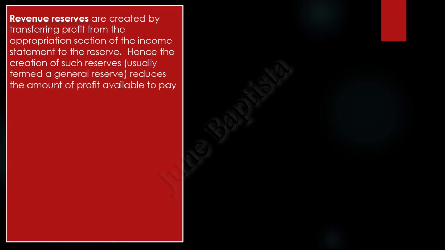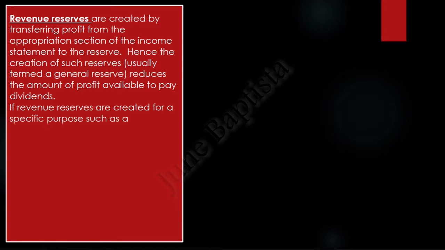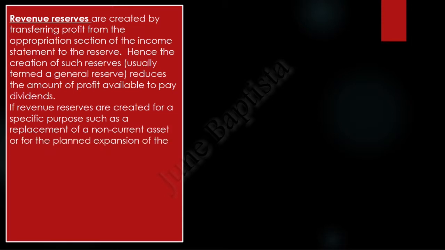Hence, the creation of such reserves, usually termed a general reserve, reduces the amount of profit available to pay dividends to shareholders. If revenue reserves are created for a specific purpose, such as a replacement of a non-current asset or for the planned expansion of the business, then they are named accordingly.